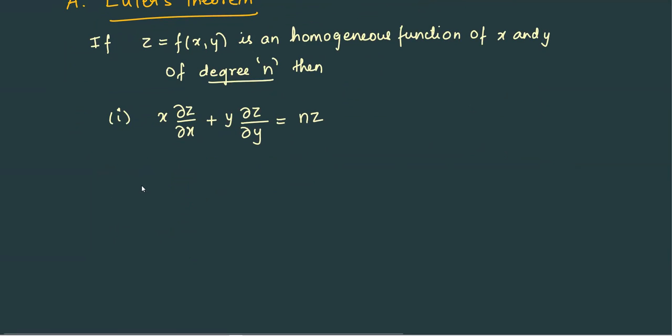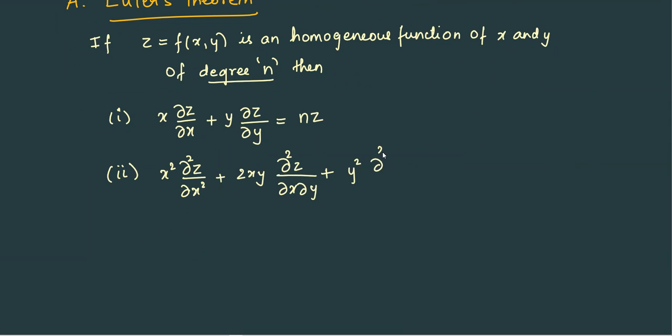Second theorem says x square times dou square z by dou x square plus 2xy dou square z by dou x dou y plus y square times dou square z by dou y square is equal to n into n minus 1 times z.